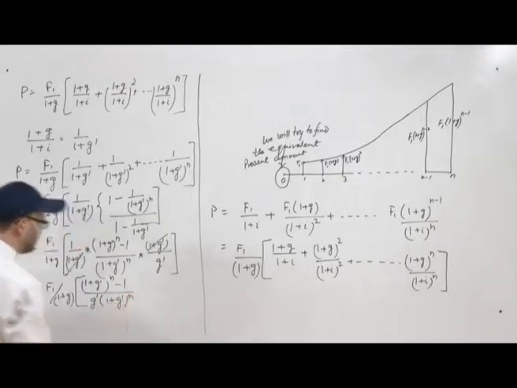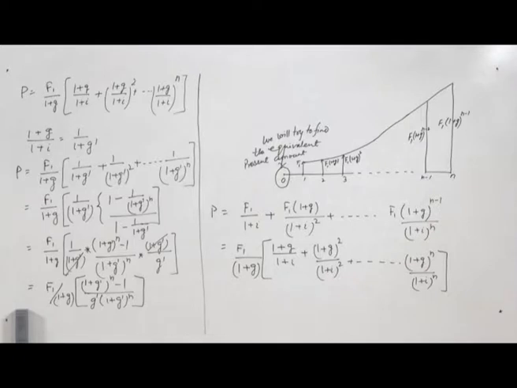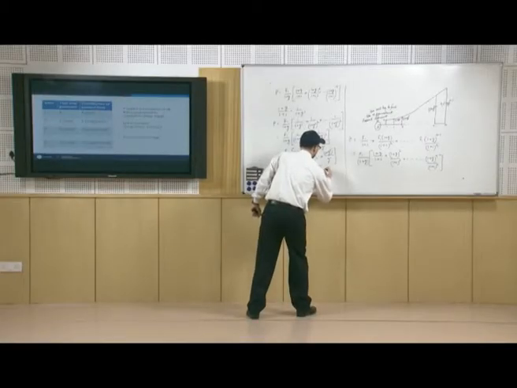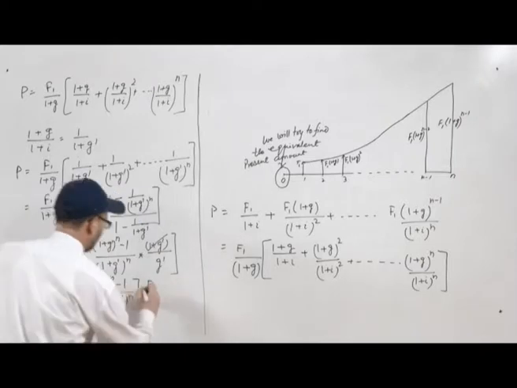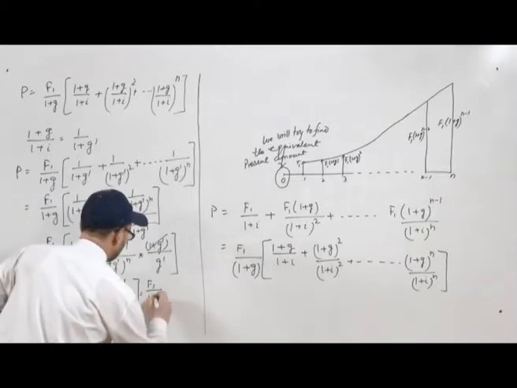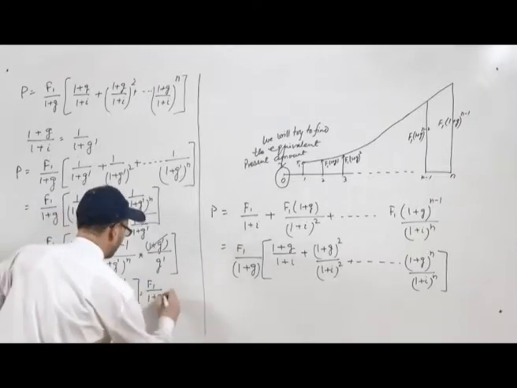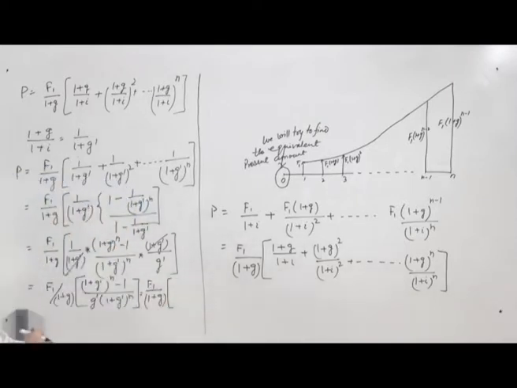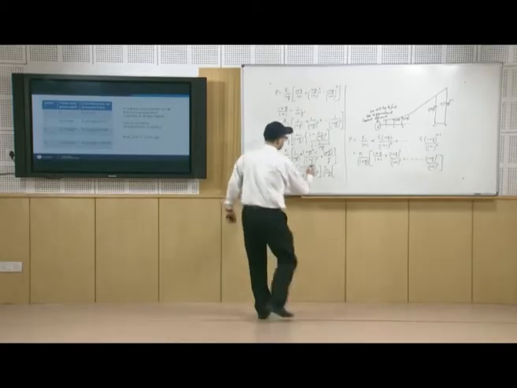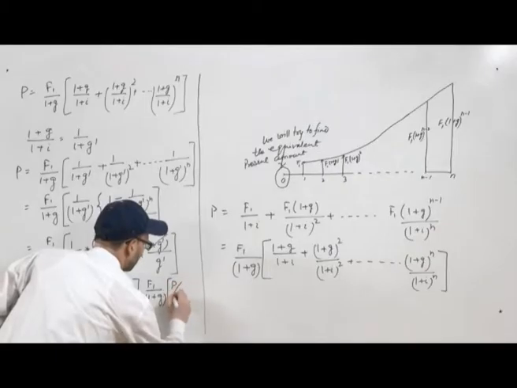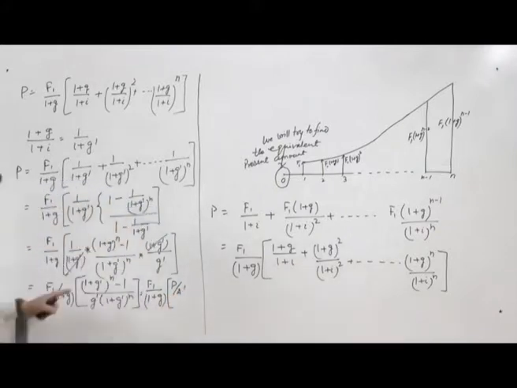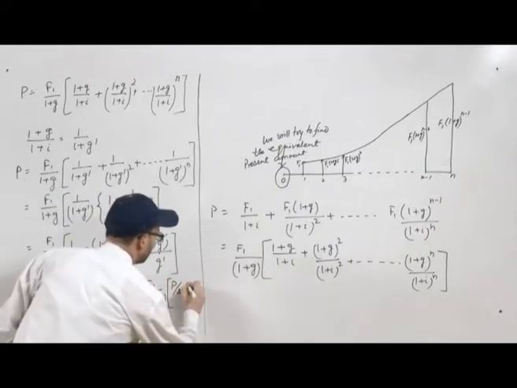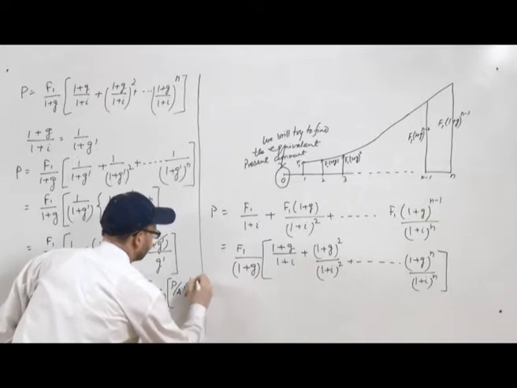And this is nothing but the series factor we have already studied. So you can further write it as f1 by 1 plus g, and this will be P by A, i is nothing but g prime, and n.